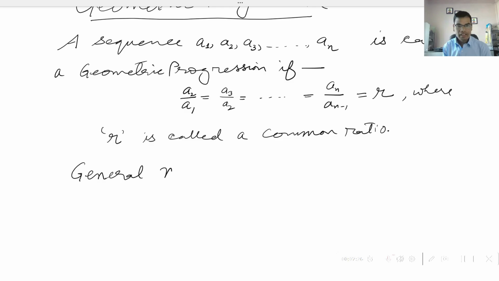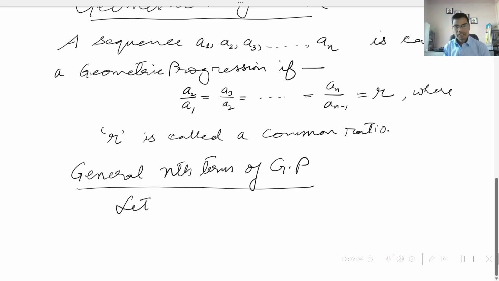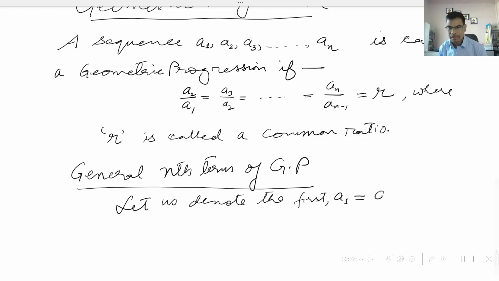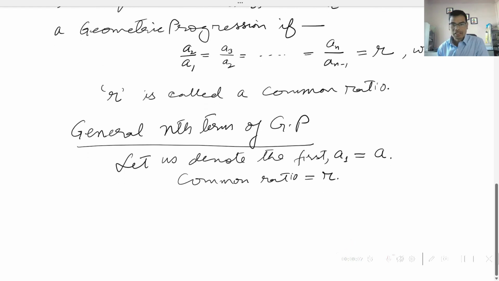So, the general nth term of a GP. Let us denote the first term, which we denote in this definition as A1, to be simply A, and the common ratio to be R, as given in the definition.